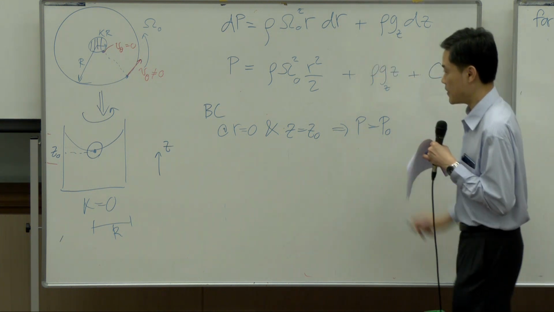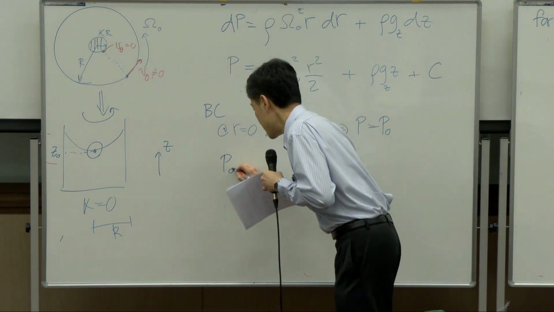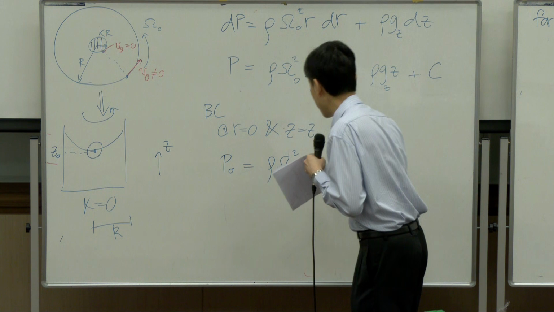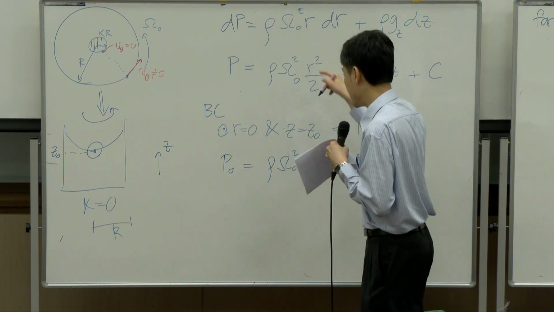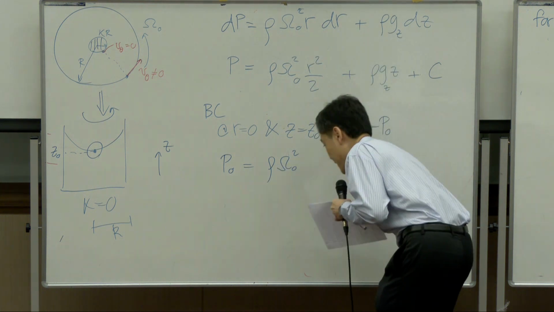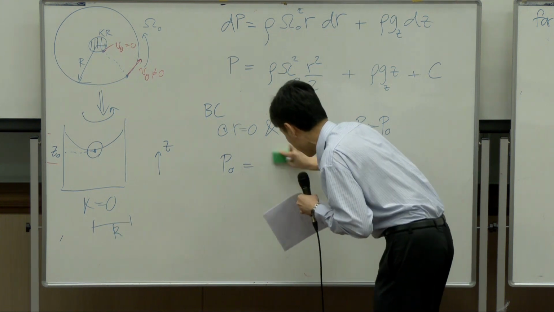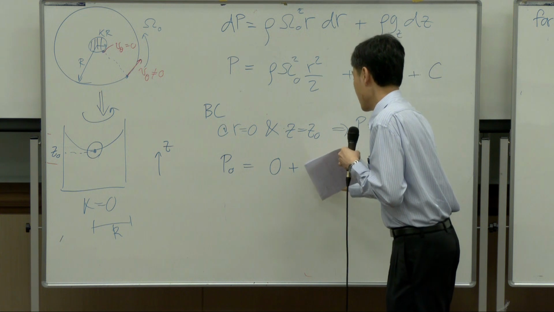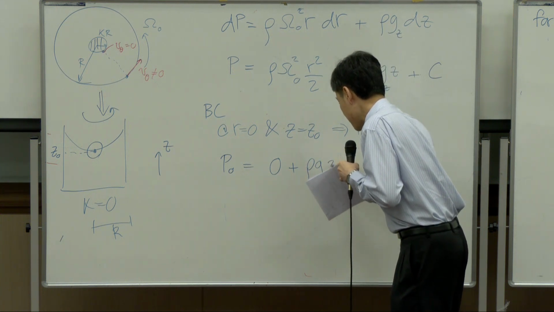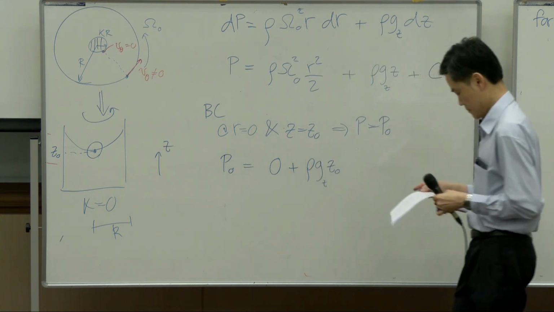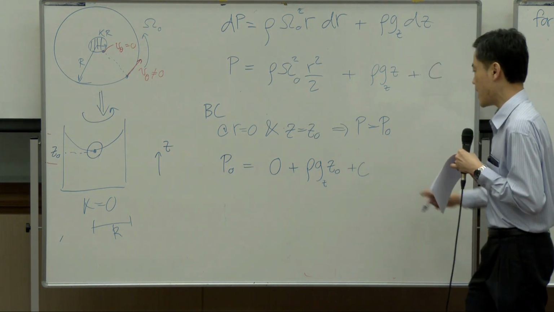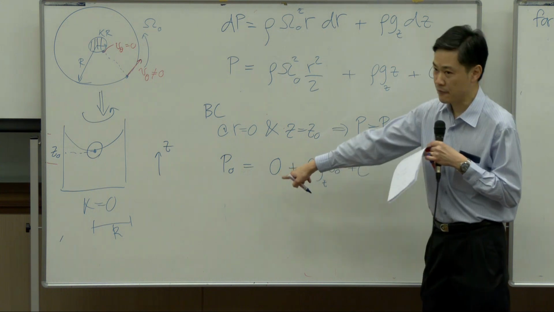Plug it back in here, you get P0 equal to rho omega squared times 0. So basically the first term is 0, plus rho g z0 plus C. So that means the constant can be found.